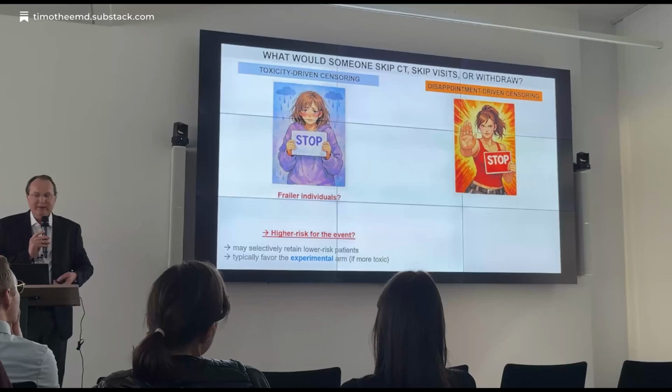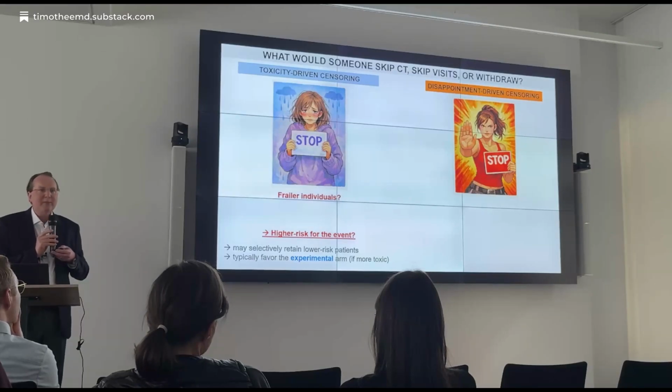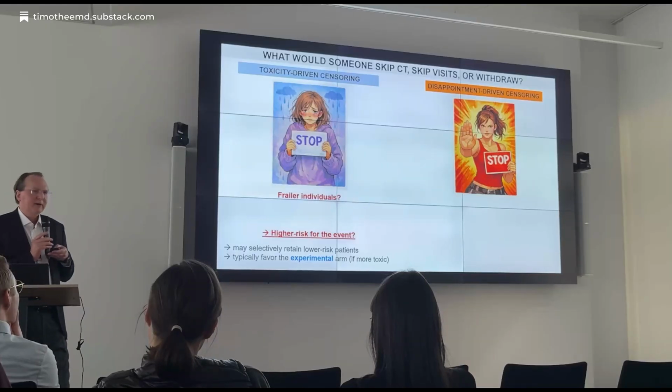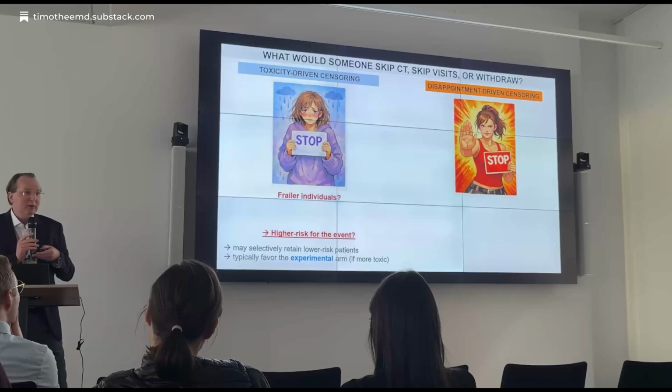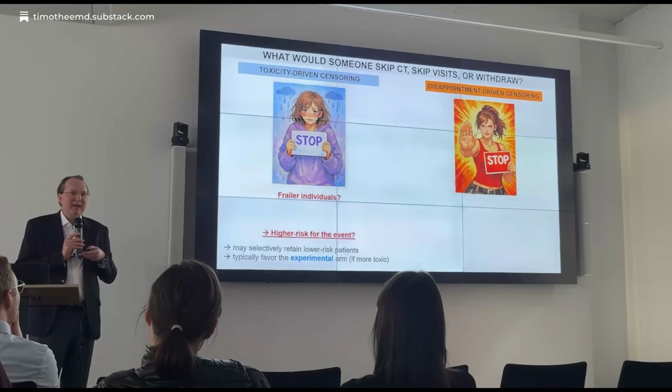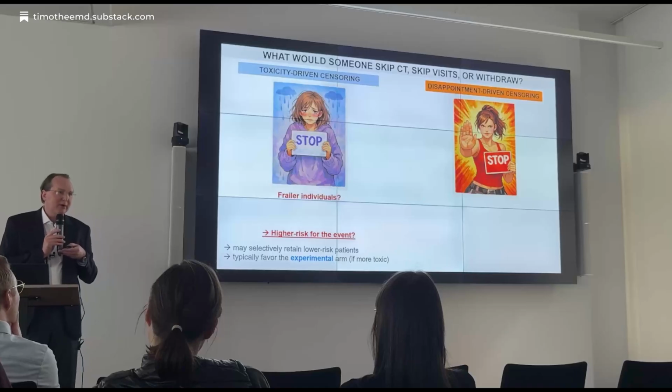On the other hand, disappointment-driven censoring will happen in patients who, for instance, are randomized to a very bad control arm, and they don't want to stay in this control arm because they know, and maybe the physician will tell them, and maybe their friends will tell them. What do you think these patients are? These patients may not be the same as those who will remain in this very poor control arm.